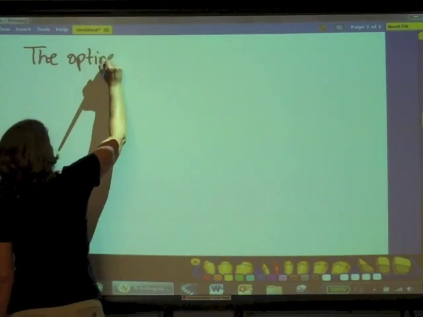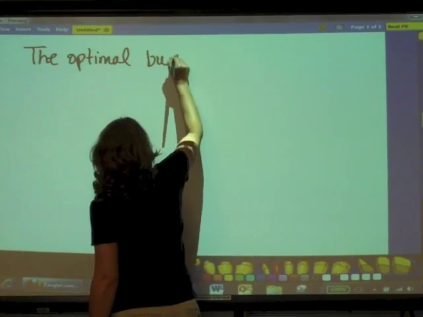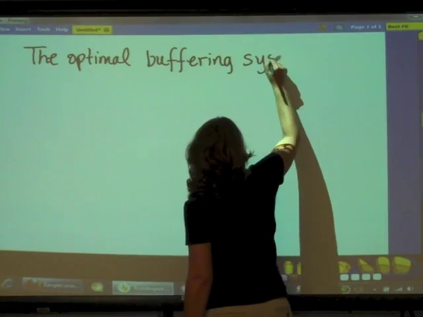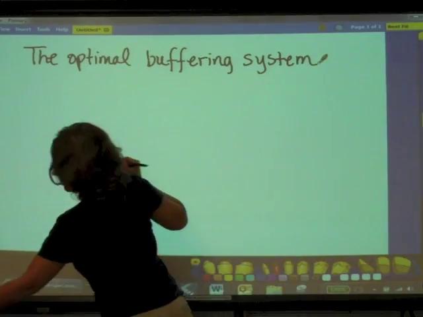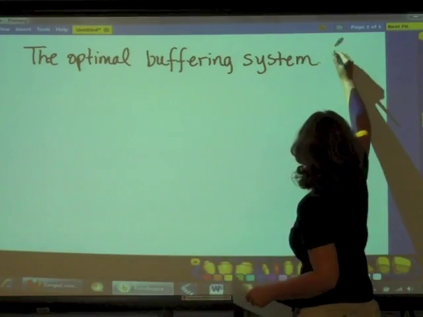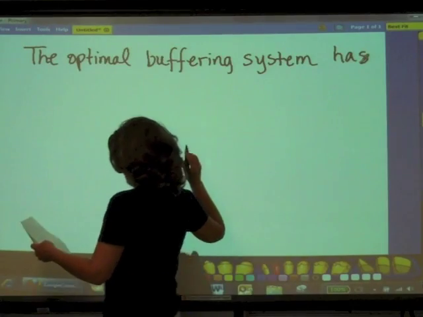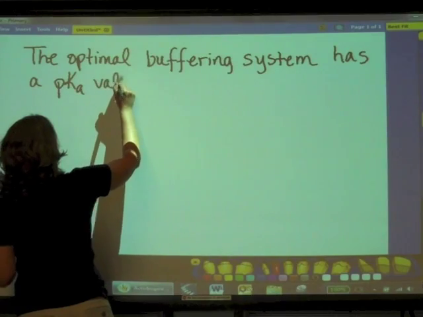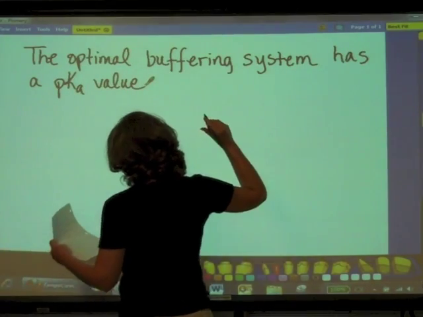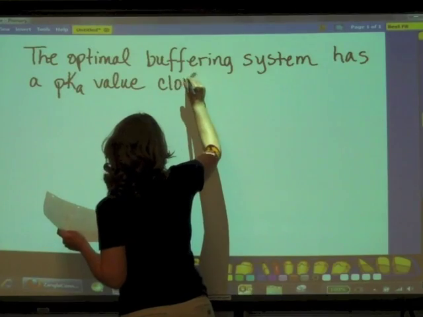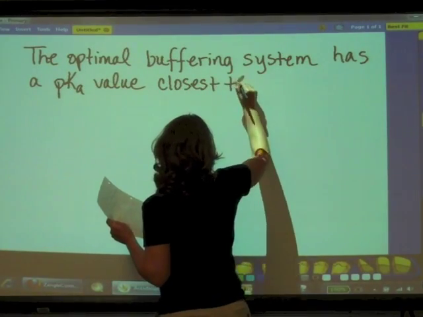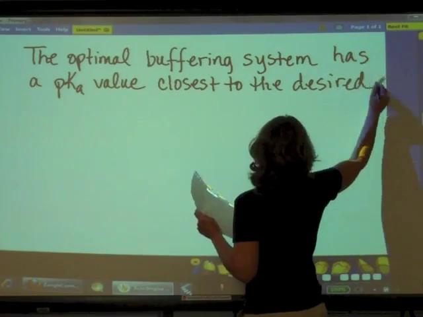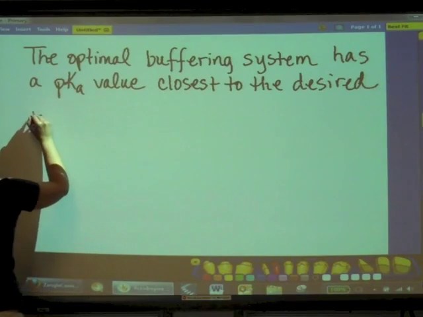The optimal buffering system has a pKa value close to the desired, closest to the desired pH.